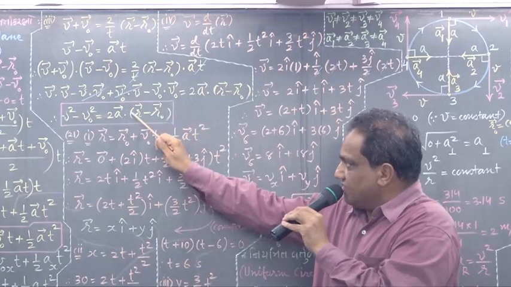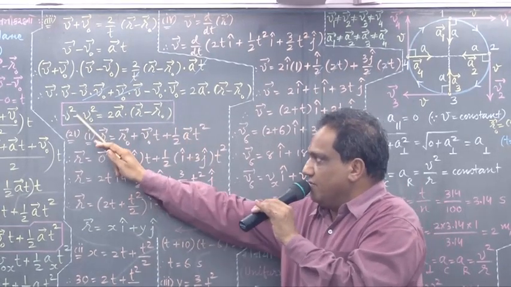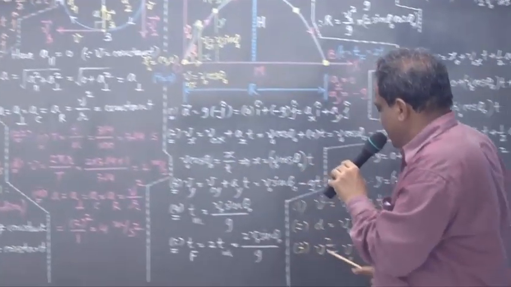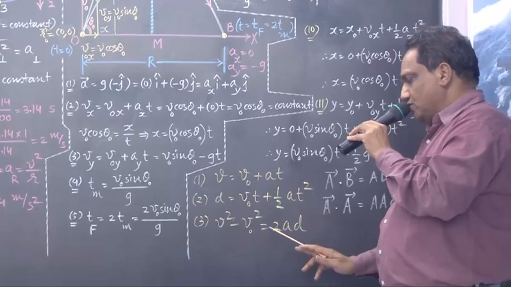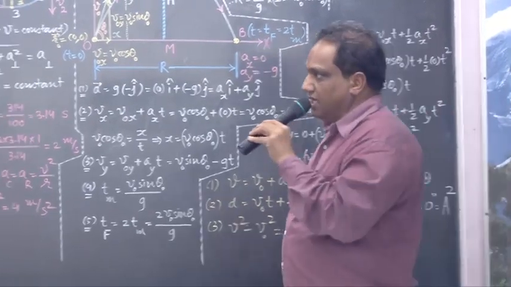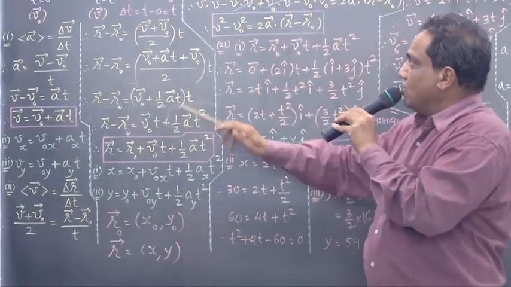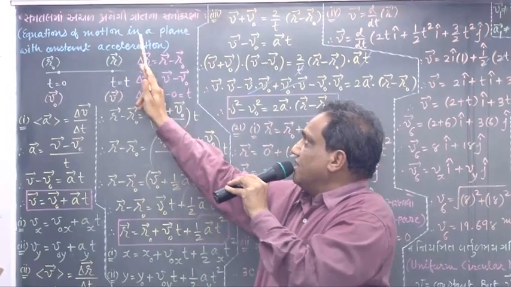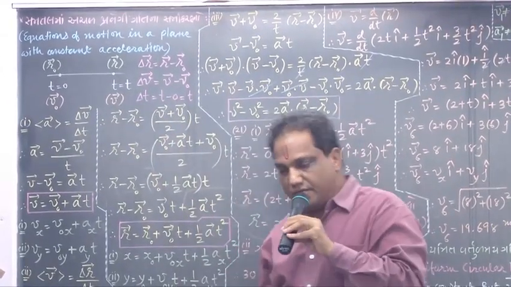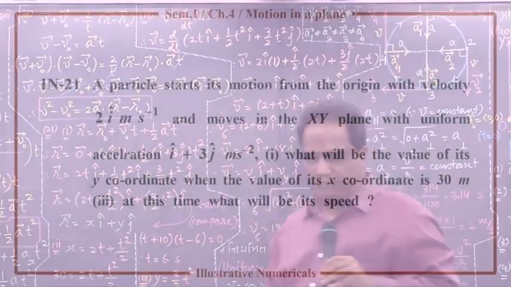If you compare this with displacement d, then this is v square minus v0 square equals 2ad. Got it? These three equations which I have boxed are the equations of motion in a plane with constant acceleration. Okay? Read now the statement of sum number 21.